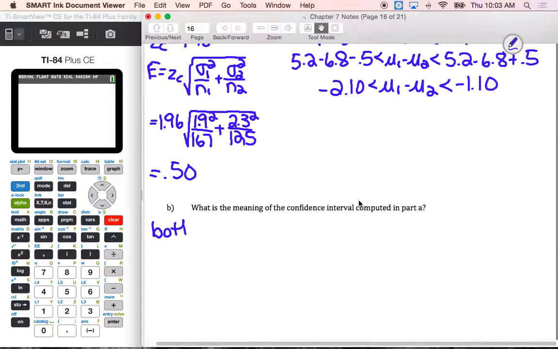So since both numbers are negative, we're saying the first population mean is smaller than the second population mean.